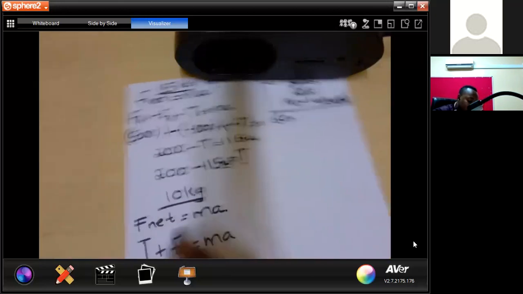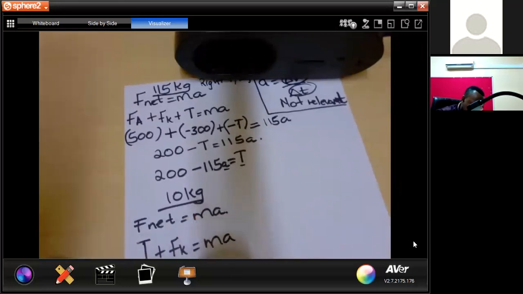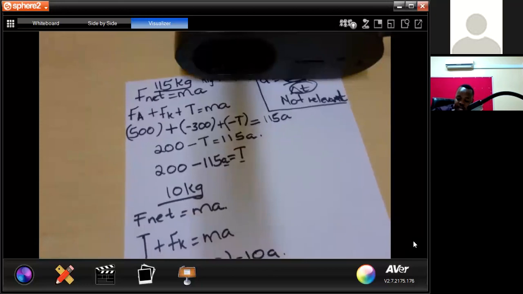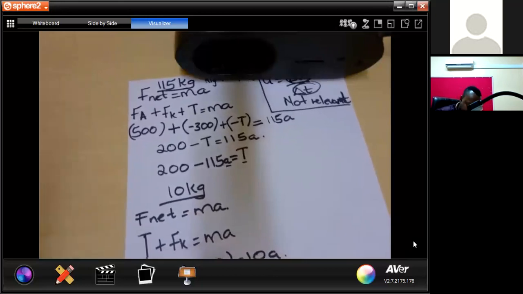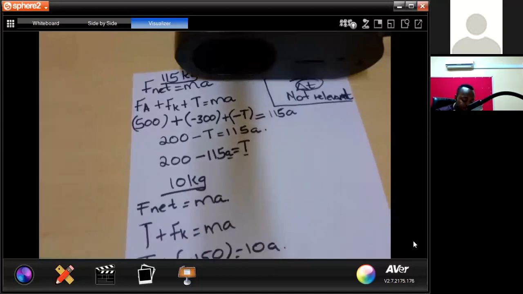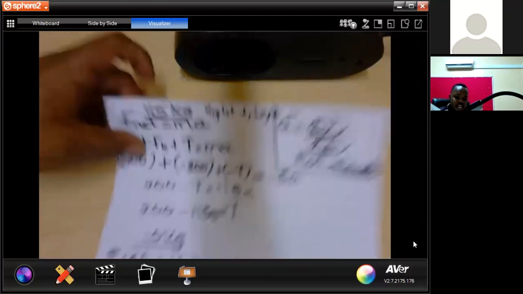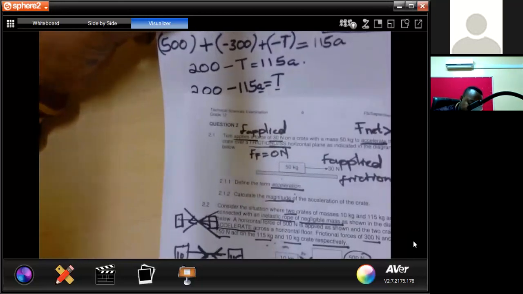Plus the frictional force is to the left, and they told us the magnitude on the 10 kilogram is 150, so it's negative because it's to the left, and that will give me 10A. Then my T is going to give me 10A plus 150.